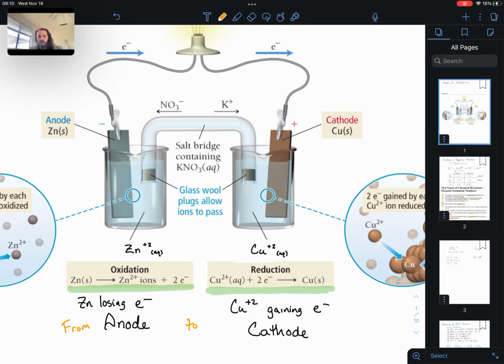Okay. So again, oxidation, which is the losing of electrons, happens at the anode. Reduction, which is the gaining of electrons, happens at the cathode. All right.